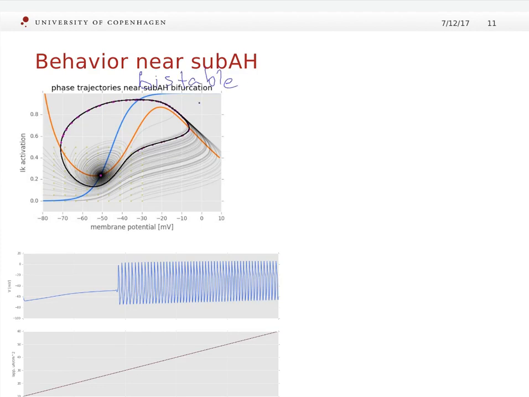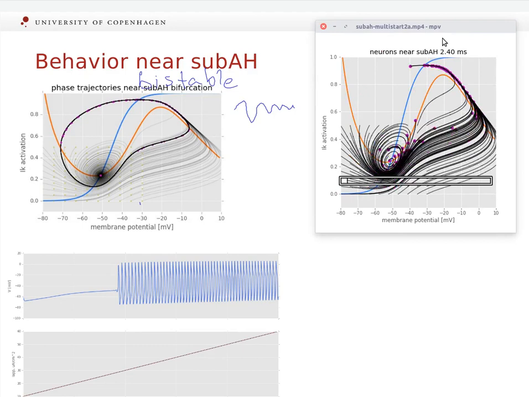So depending on where you start from, you can start from somewhere here and result in a resting state with dynamics looking something like this, or you can start from here and find a neuron producing spikes at a constant rate at the same set of parameters. Now let me show this in a video.